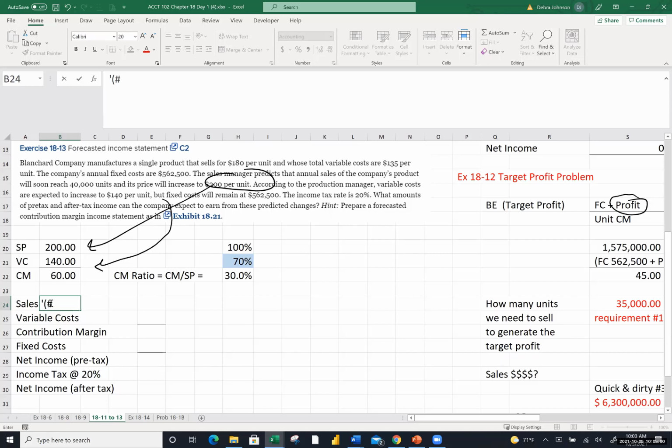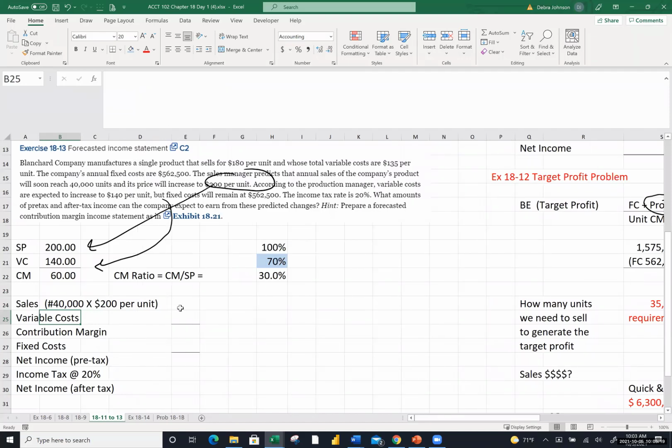This is all based on the 40,000 units that they mentioned they are predicting. So if they're selling 40,000 units at $200 per unit, that's pretty much enough to give us the rest of this.